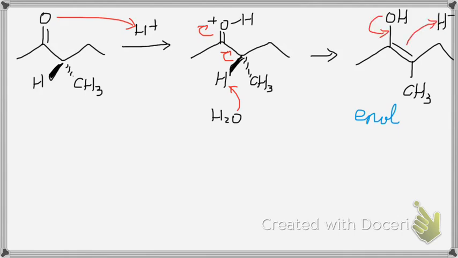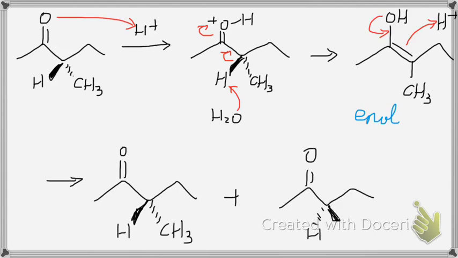Okay, so here is the arrow to show how it goes. The electrons on the OH go back to form the C=O double bond, and the C=C double bond breaks. And those electrons will pick up a proton from the solution.